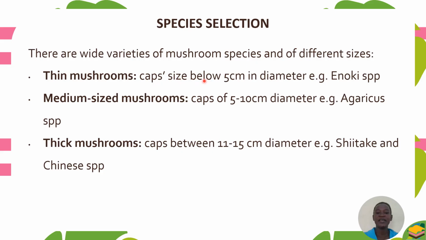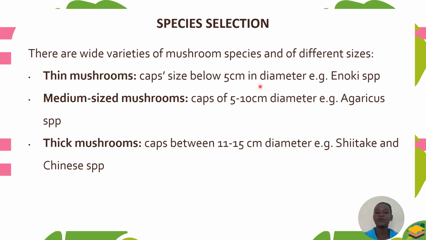So their cup size is below 5 centimeters in diameter. Species of mushrooms whose cups are below 5 centimeters in diameter, we categorize them as thin mushrooms.